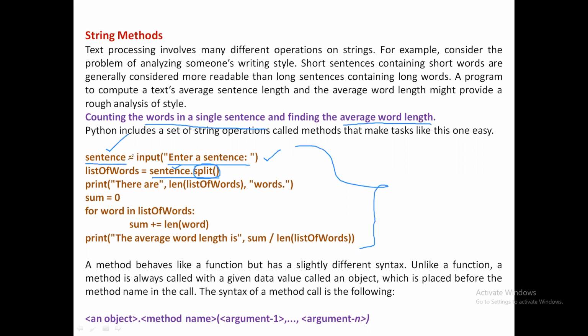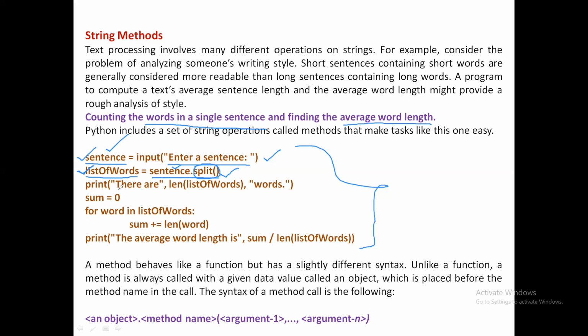We know that words are separated with white spaces. So the split function takes those white spaces into consideration and returns all those words separated by white spaces as a collection of words, that is a list of words, which will be stored into this variable list_of_words. So I did two things here. One is read a sentence from the user and then split the words from the sentence into a list.